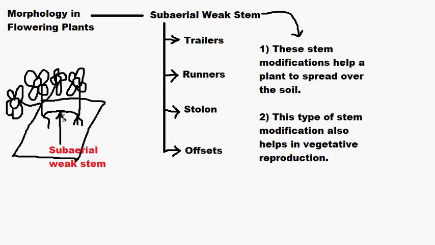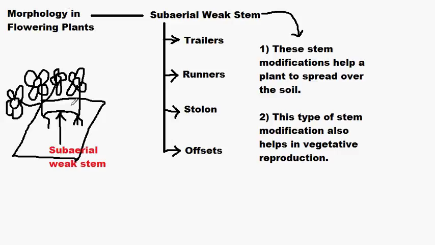This structure is the subaerial weak stem. Now I hope you have understood this point, that these stem modifications help a plant to spread over the soil. Means the plant was here, and it helps the plant to get another copy, to spread over this whole soil.